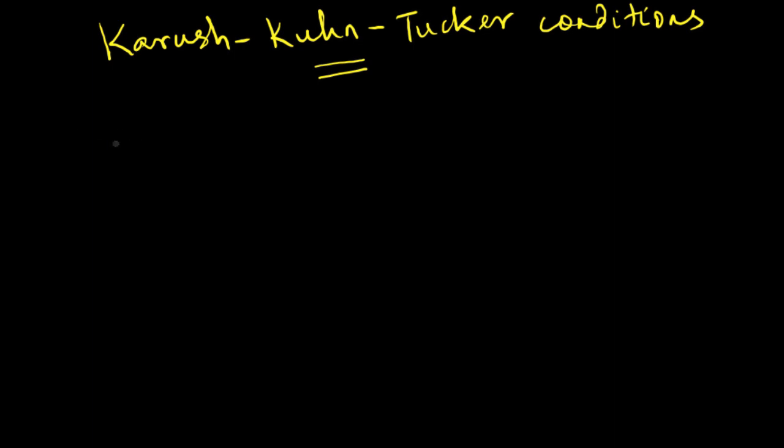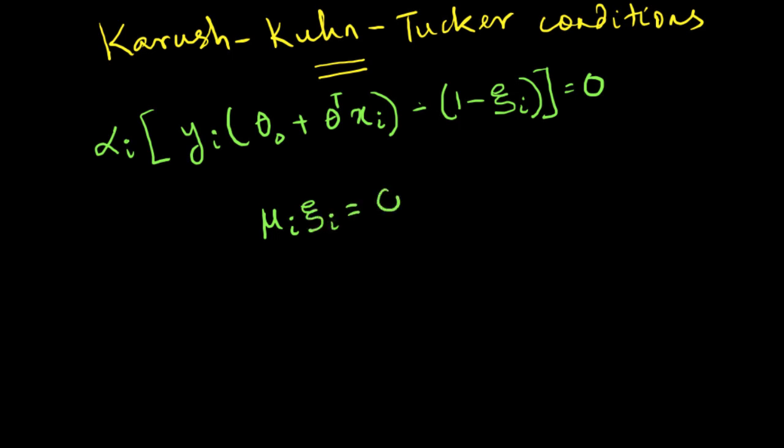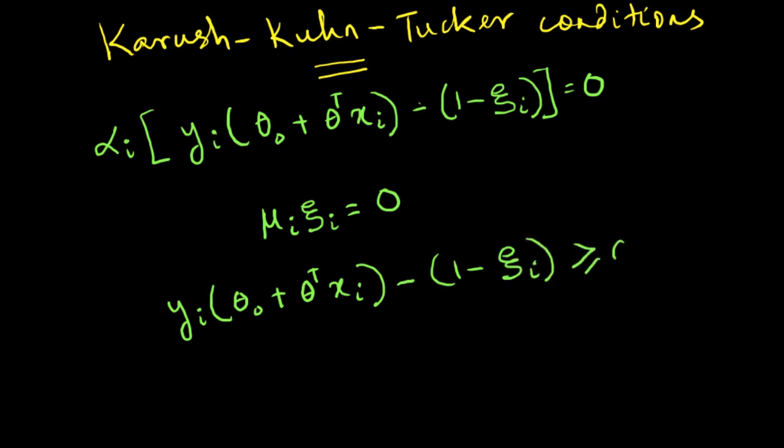So what are these conditions? These conditions are: alpha i times (yi (theta 0 plus theta transpose xi) minus 1 minus xi i) is equal to 0; mu i xi i is equal to 0; and yi (theta 0 plus theta transpose xi) minus 1 minus xi i is greater than or equal to 0.